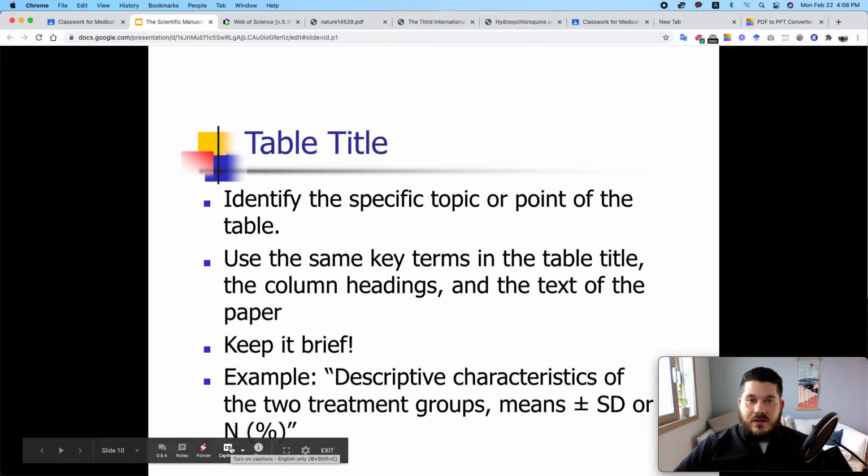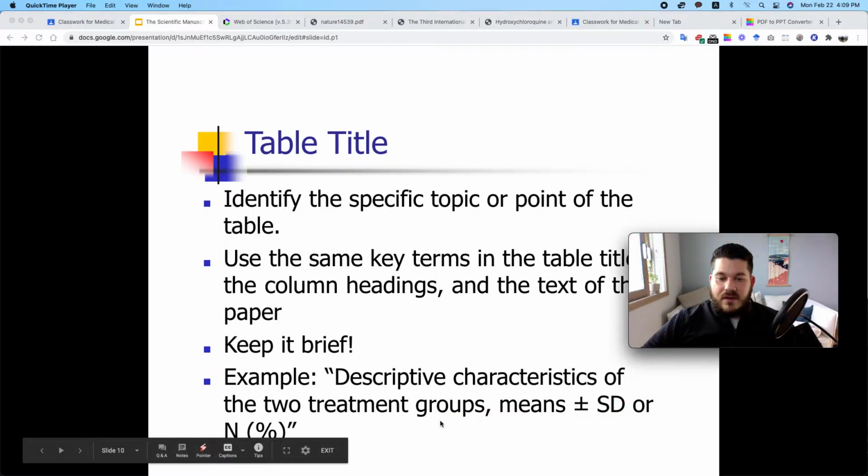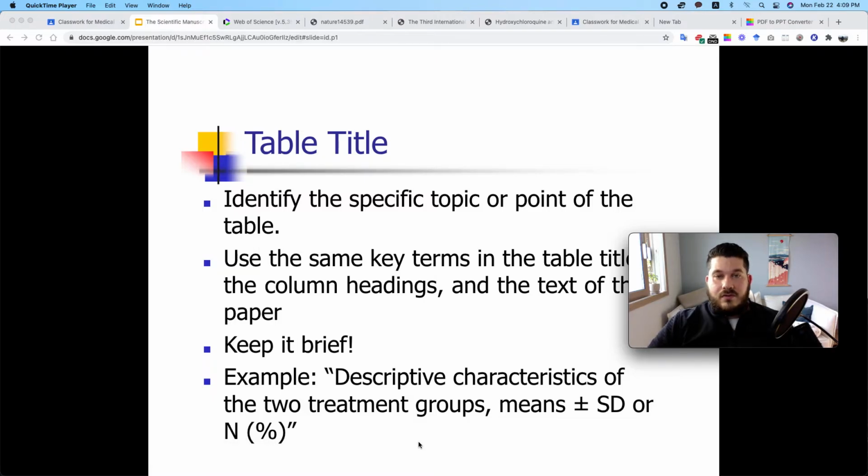You don't need to overload the reader with a lot of different information, and you need to provide descriptive characteristics of the data that you have. For some of you who've taken statistics before, you might have a notion of what SD means. It stands for standard deviation, and that's a plus and minus symbol. Then we have N, which would be the number of people or samples.